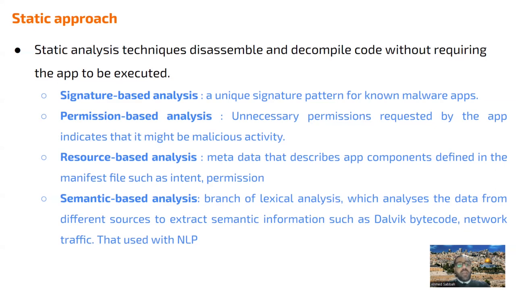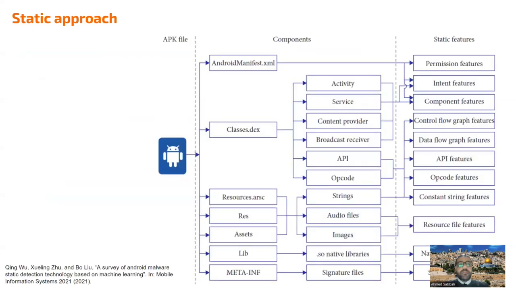This way we may add new meaning to the features. Or when using the API calls extracted from the class text and treating these methods and functions as sentences with meaning, and using natural language processing to classify or detect the malware.